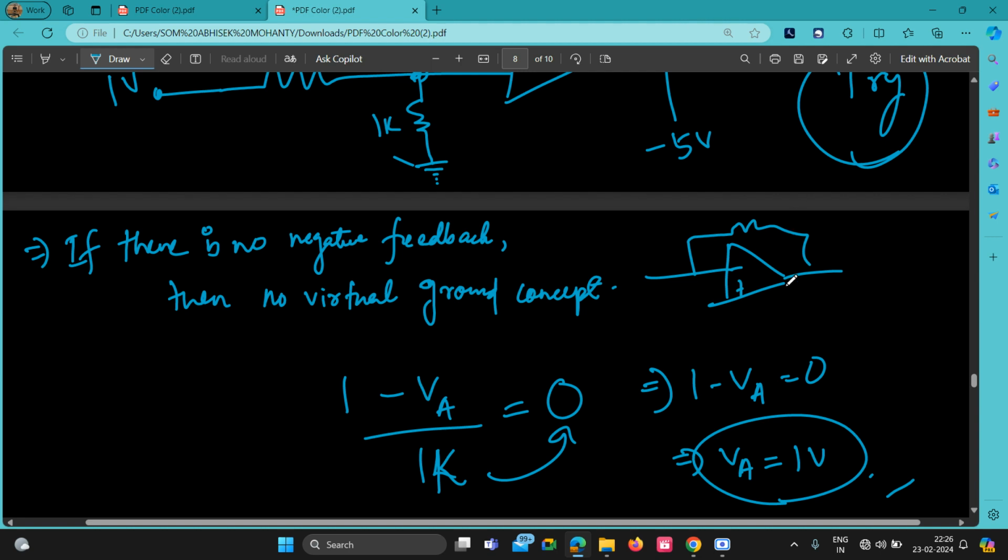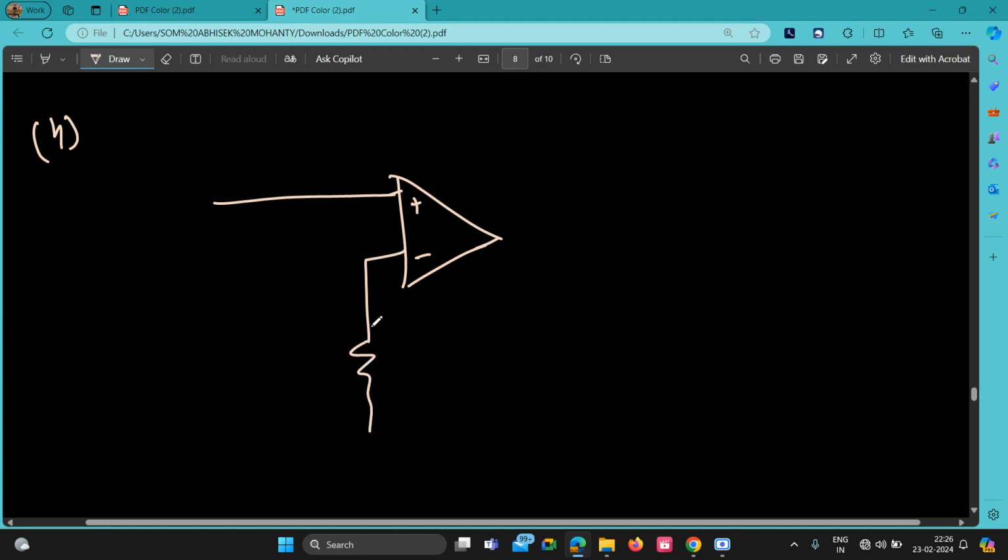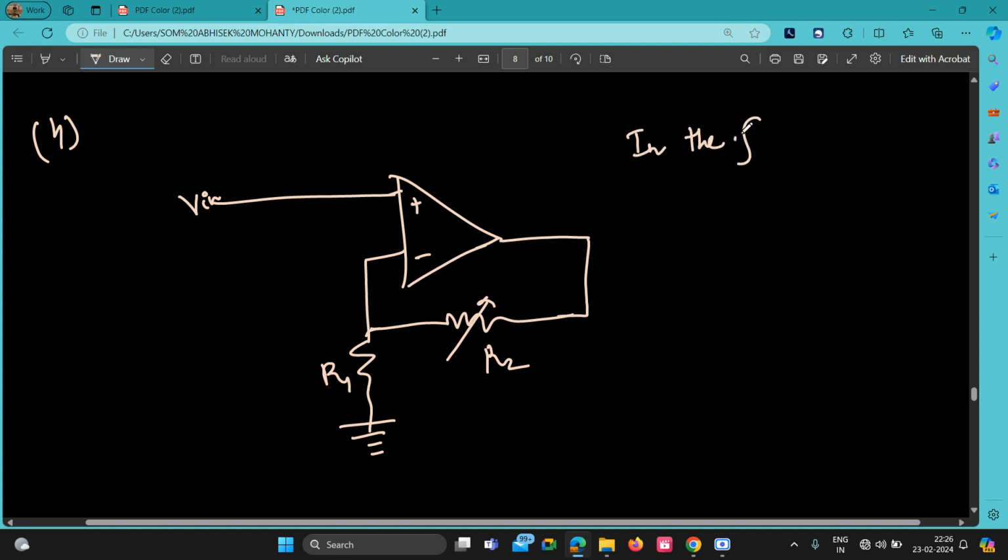Okay, next question. In the following circuit, R2 is doubled.